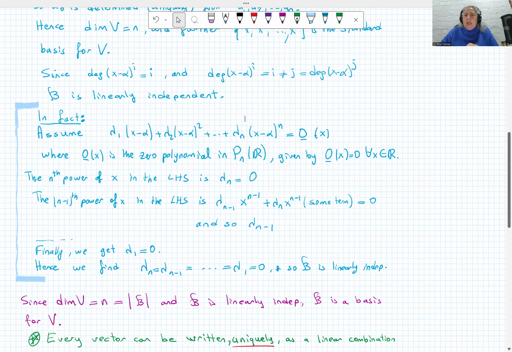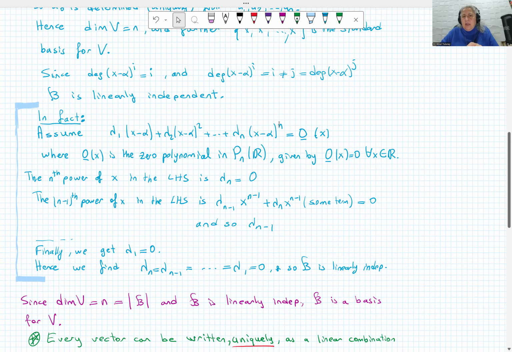And if you look at the x to the n minus 1 power on the left-hand side, one contribution will come with the coefficient lambda n minus 1. All the other coefficients of x to the n minus 1 will contain lambda n, because they will come from here, right?